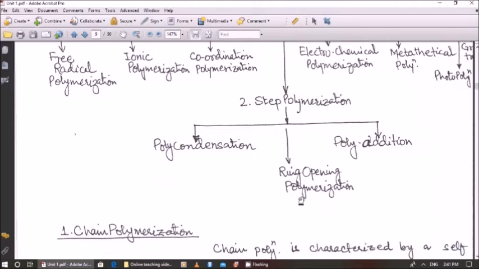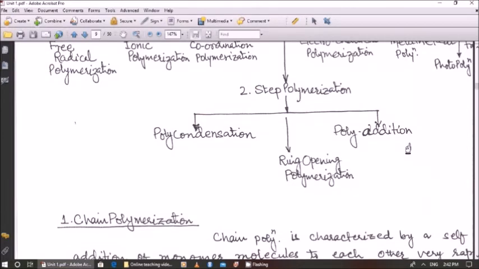In ring opening polymerization, some chemical compound, such as an aromatic compound where a ring is present, that ring will open and a chain of polymer will be formed. Addition polymerization is very similar to chain polymerization, where monomeric units will be added one after another, but there is a difference.